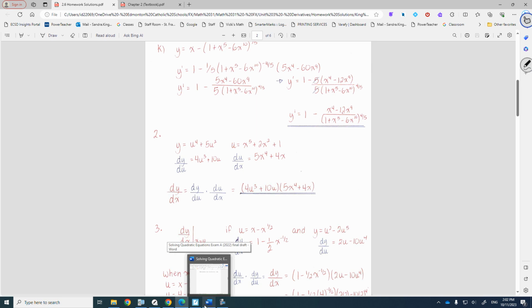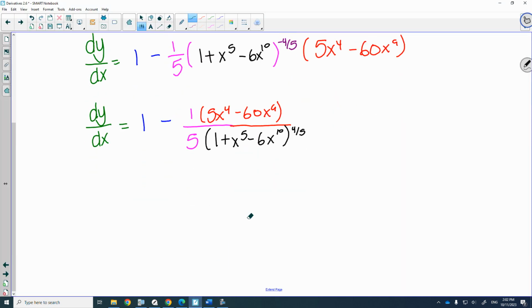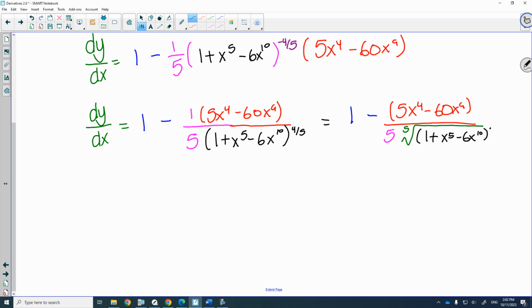But because it had a radical in the question, I'd probably take it one step further and say 1 minus (5x to the 4 minus 60x to the 9) all over 5. And then it would be the 5th root of that, to the power of 4.